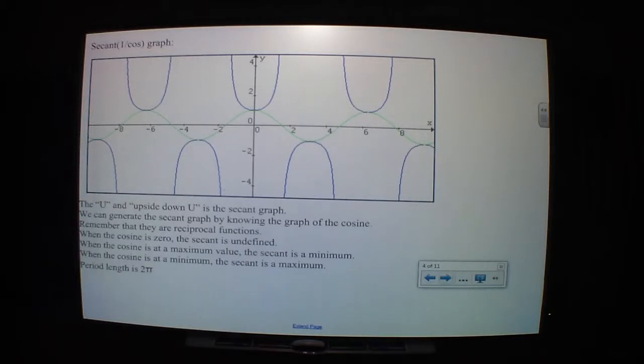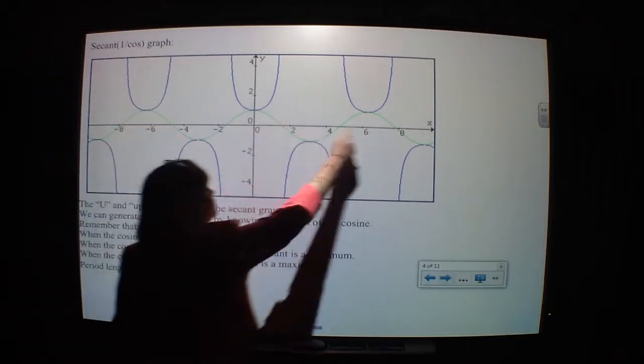The secant graph, I think the easiest way to graph any secant graph is to first graph the cosine graph. Whether it's cosine of x, cosine of 2x, cosine of 2x minus 1, whatever it is, graph your cosine graph first.